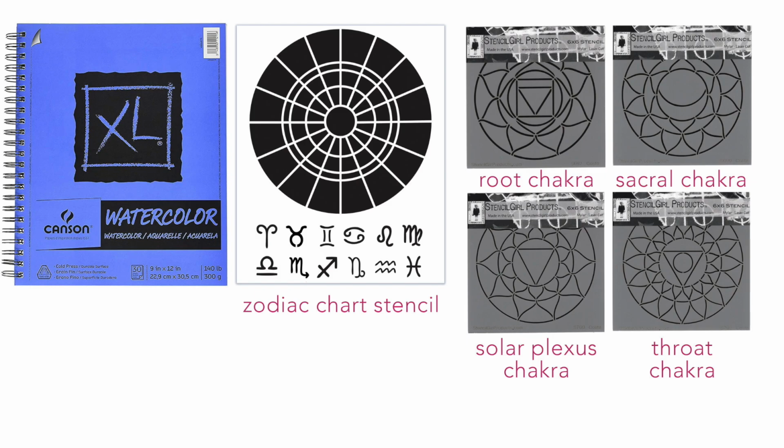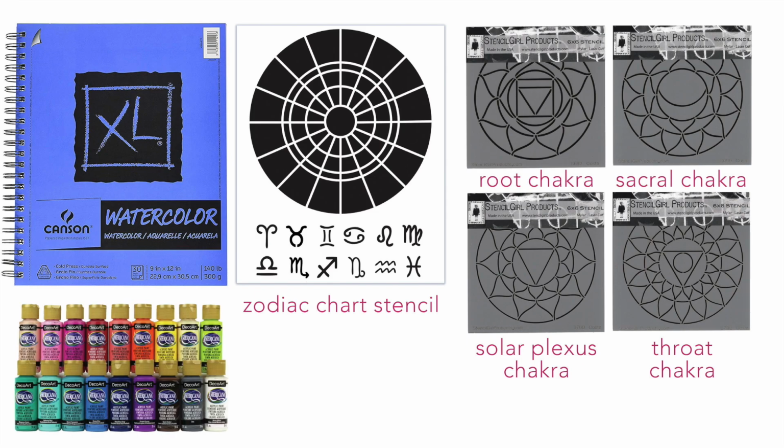For the second project, I used my stencils, also from Stencil Girl products, pictured here: the root chakra, the sacral chakra, the solar plexus chakra, and the throat chakra. Now those are completely optional. You don't need them to be able to do that project, but that is what I'm demoing in this video. For paint, I'm using an inexpensive craft paint.